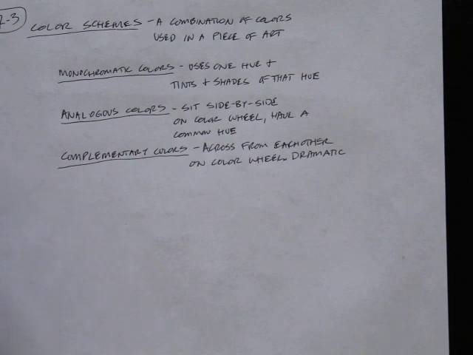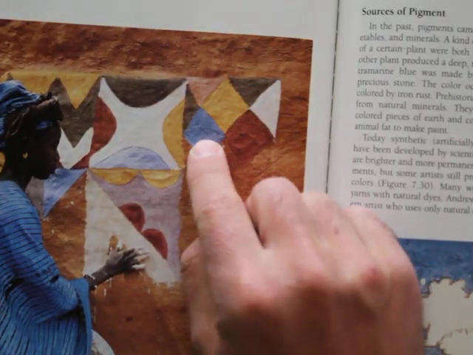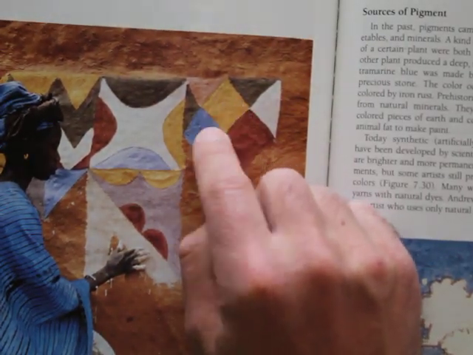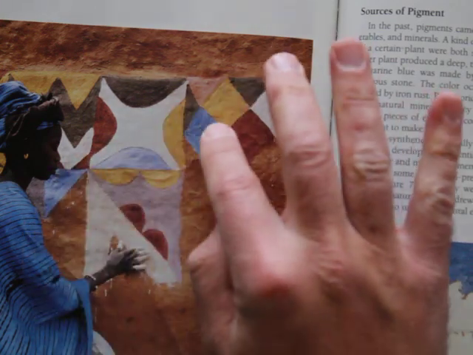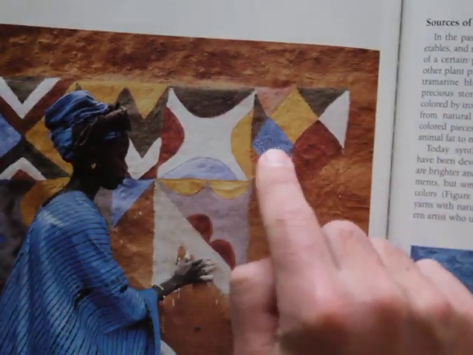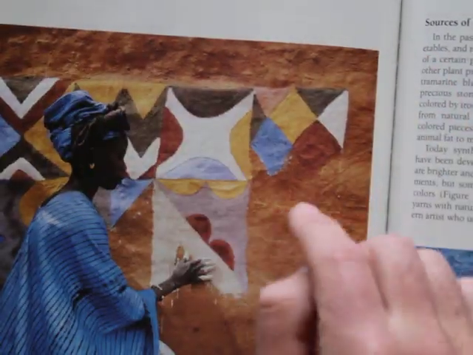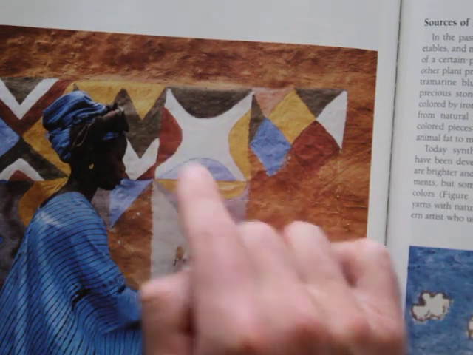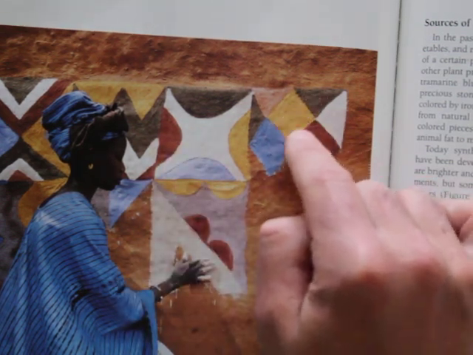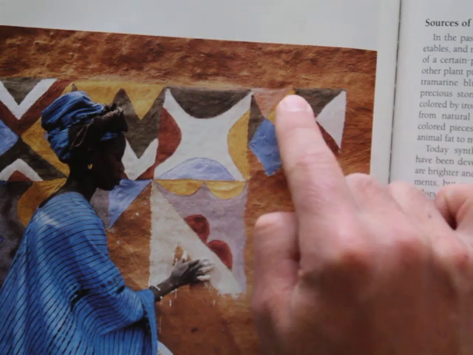But you can even see some complementary colors in action here on page 172. So this blue and this gold orange color, when you look at these together, here and here, they stand out more than the white and the red, or the red and the yellow, or red and this peach kind of color.